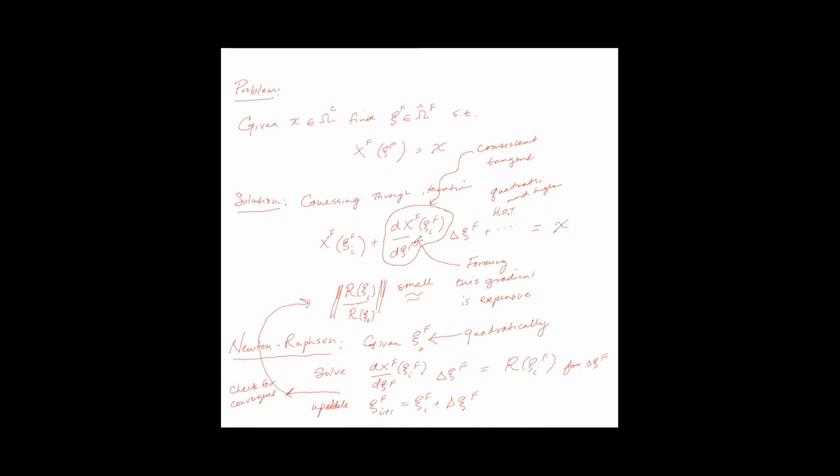There's lots of things people do to make this more efficient, but for big problems, even figuring out how to write down the consistent tangent is hard. Remember, this is a simple derivative with respect to a real coordinate. In a general theory, this is going to be a variational derivative of a very complicated nonlinear theory. And so my PhD students who have been with me for a while spend a lot of our time just deriving consistent tangents.